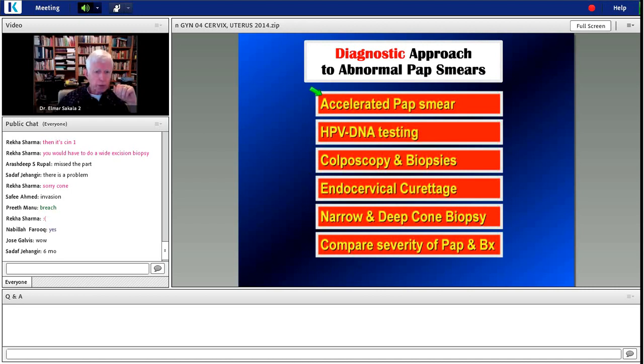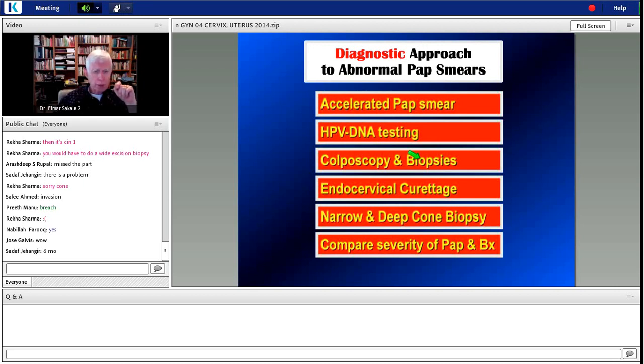Now, both of these, accelerated pap and HPV DNA testing, are non-invasive. And so we will typically do this for the less severe pap smears, and that would be ASCUS and LSIL. I'm going to come back to that, so you don't need to write it down.